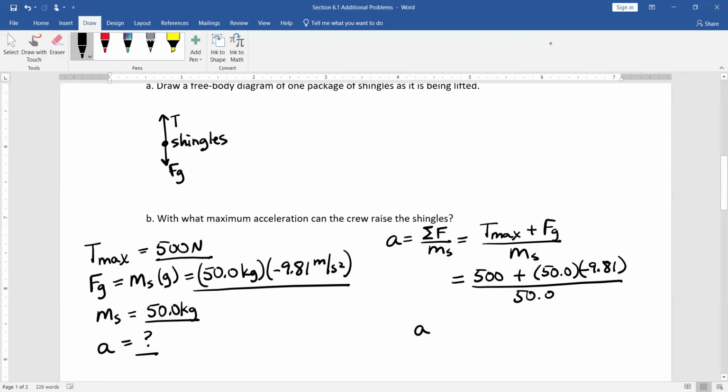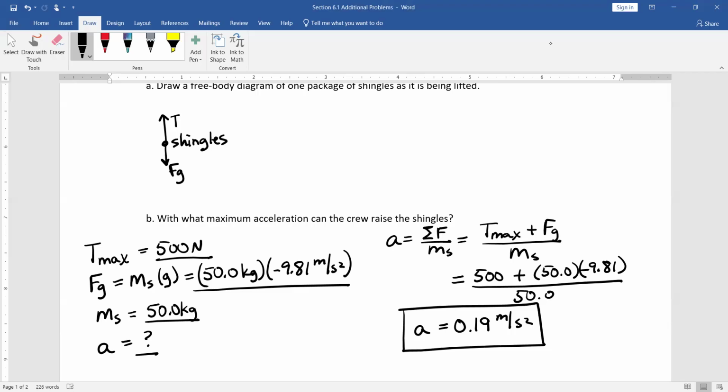When you plug that into your calculator, you get the maximum acceleration is 0.19 meters per second squared. So that is the maximum acceleration that they can pull these shingles up.